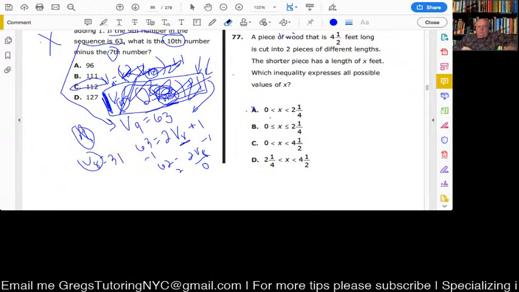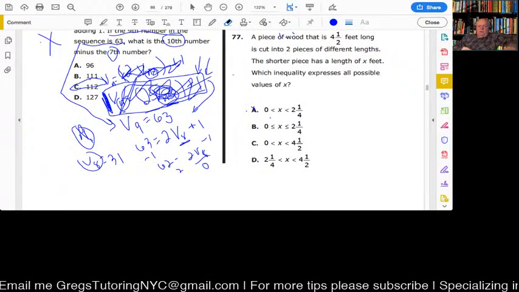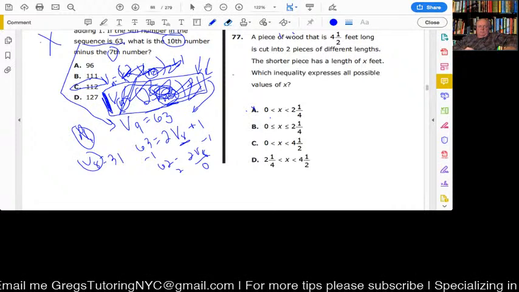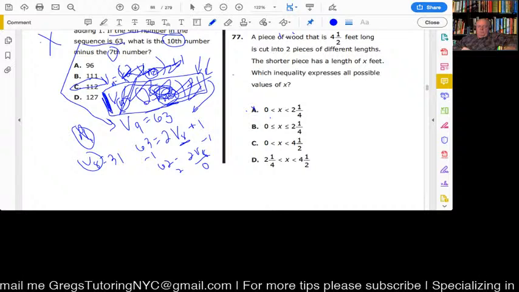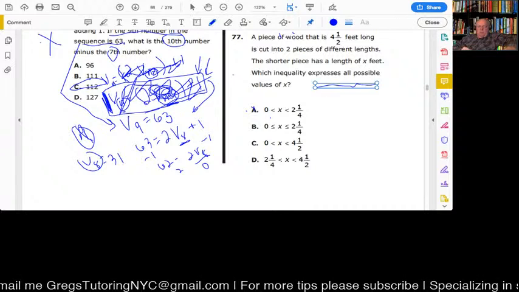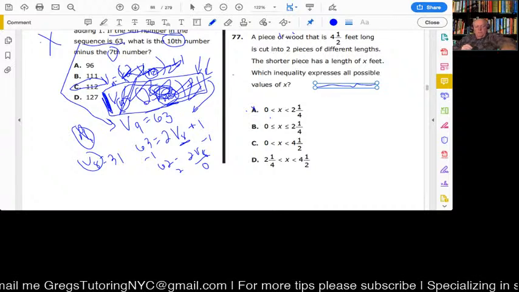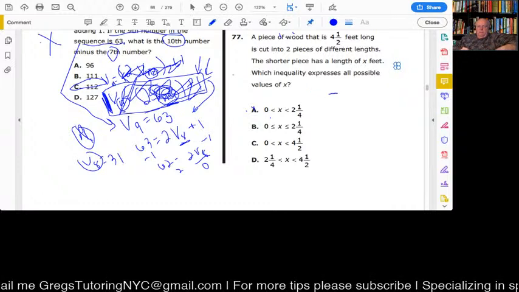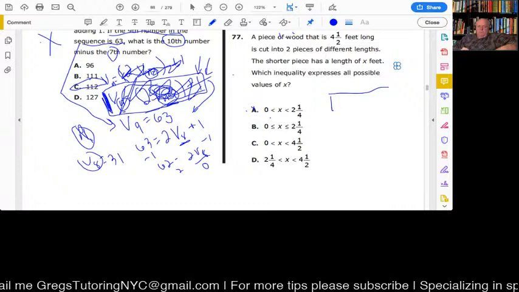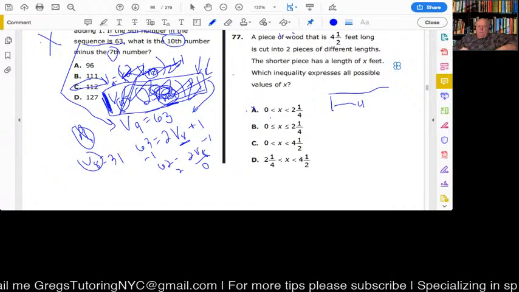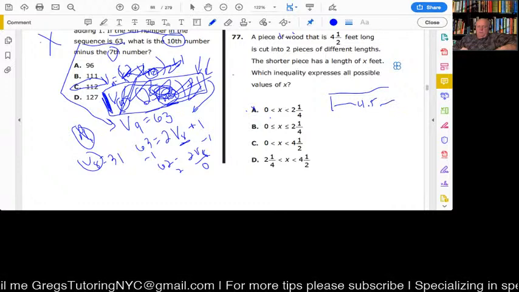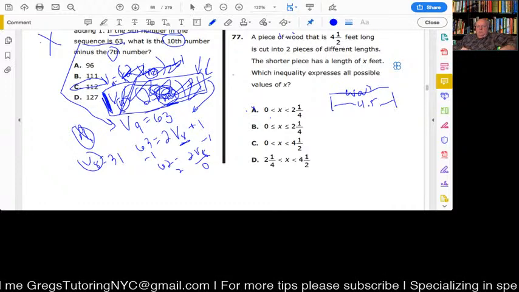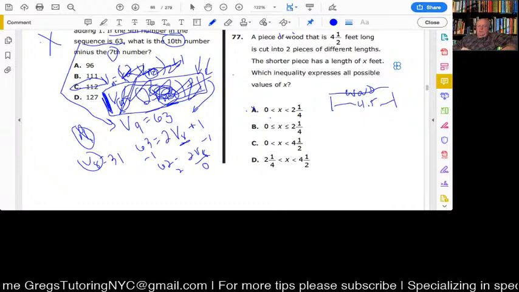So let's rip this apart. A piece of wood is 4.5 feet long. That's the wood. Okay, it's cut in 2 different lengths.